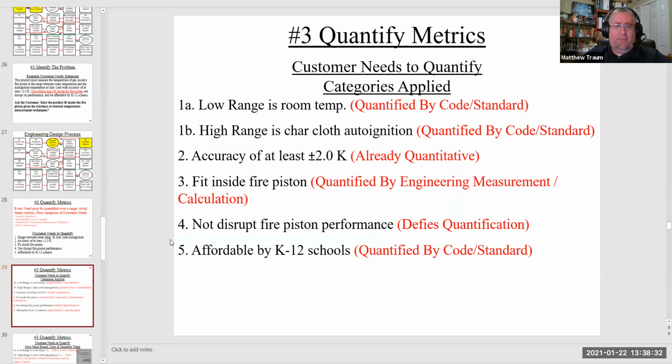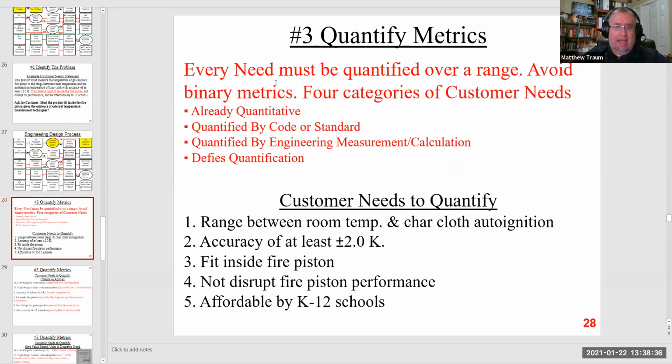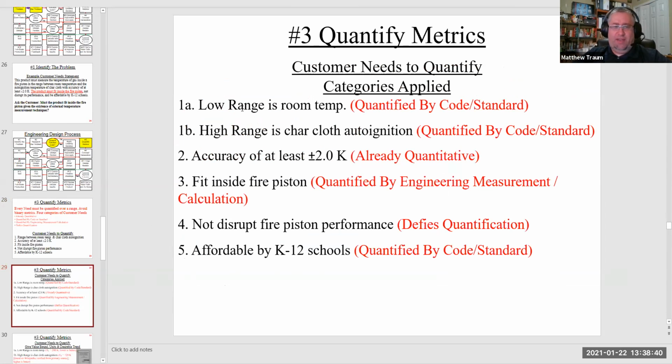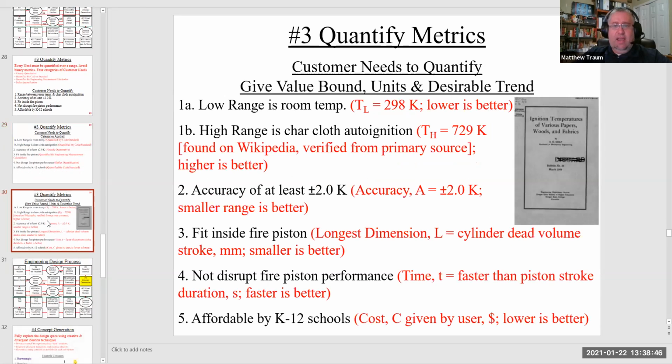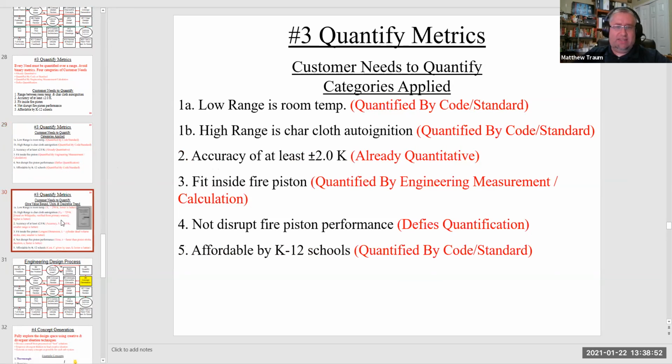And then here I've overlaid each one of these different types of quantitative metrics onto the specific metrics that came out of my customer need statement. And then in this slide, I've quantified them, right? So each one of these needs is now quantified.